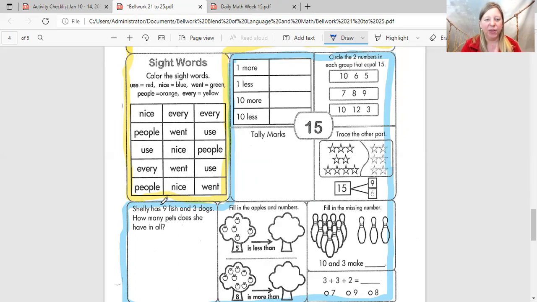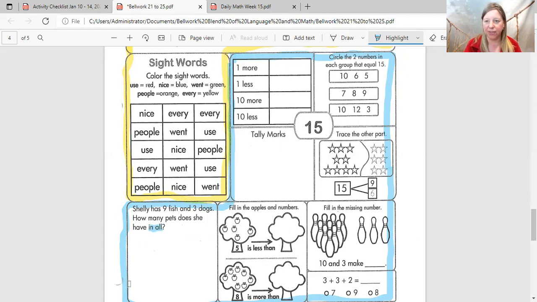This is a story you need to read, and then you need to look for clue words. What do you need to do? Do you need to add or take away? Here are the clue words. In all. How many in all? That should give you a clue whether you need to add or subtract.